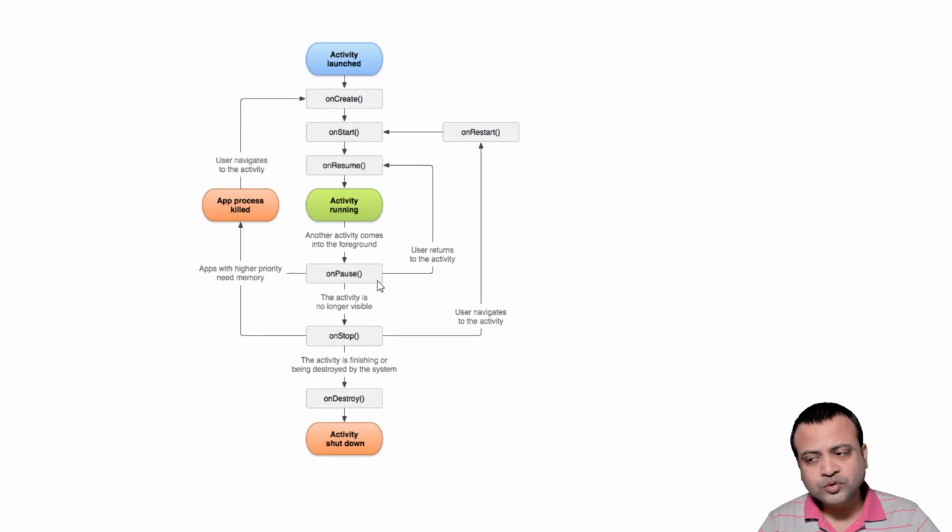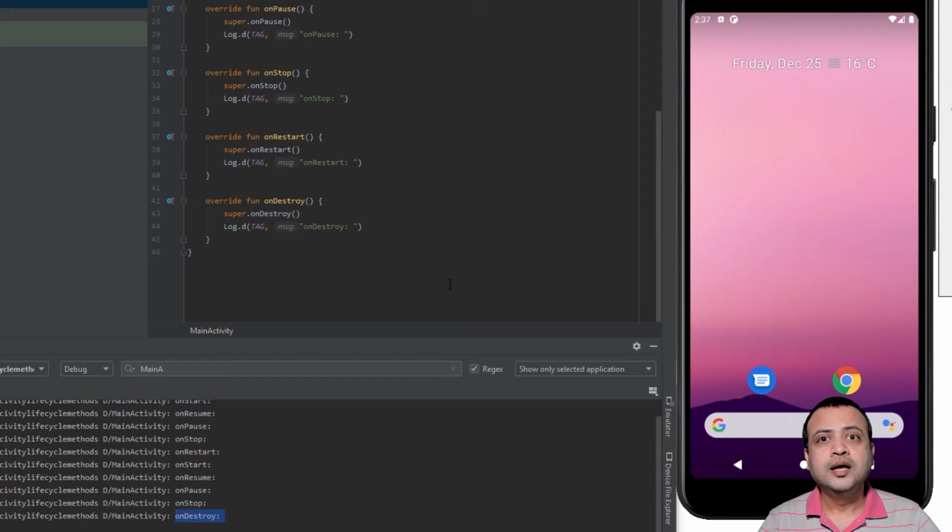The onPause method was called, thereafter the onStop, and thereafter the onDestroy method was called, at which point the activity was totally shut down. It is also worth noting that the application at no point had any control over its state. It was us as the user exiting the application, sending it to the background by clicking on the home button, or restarting it using the recent apps button.